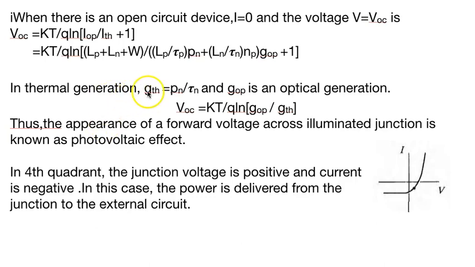If we denote the thermal generation as G and the optical generation as G0p, then VOC is kT by q natural log of G0p divided by G. Now in the fourth quadrant, the junction voltage is positive and the current is negative. In such a case, power is delivered from the junction to the external circuit.